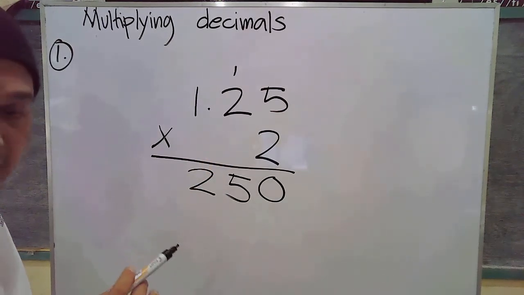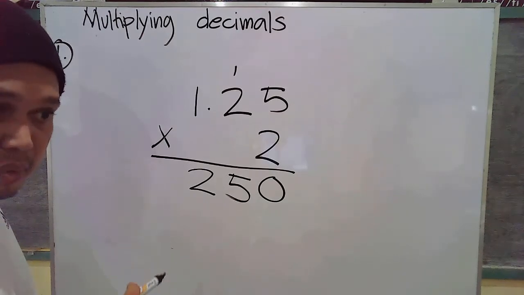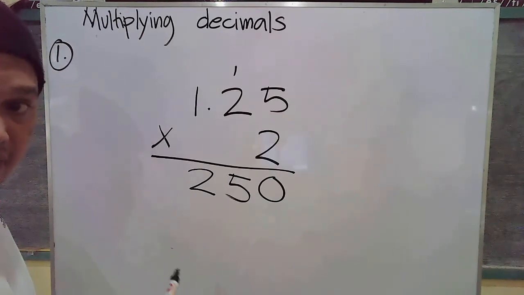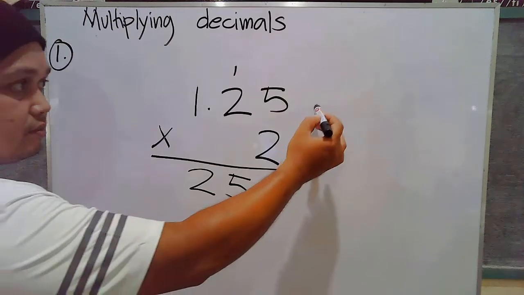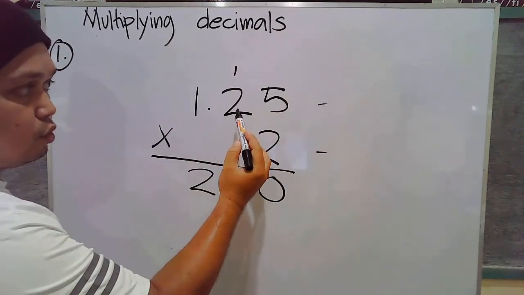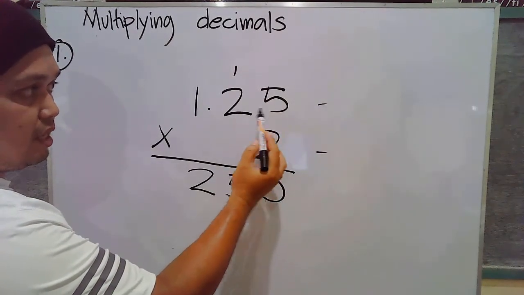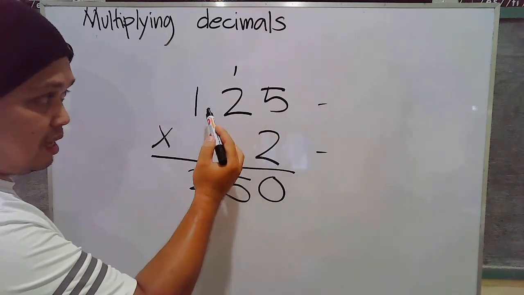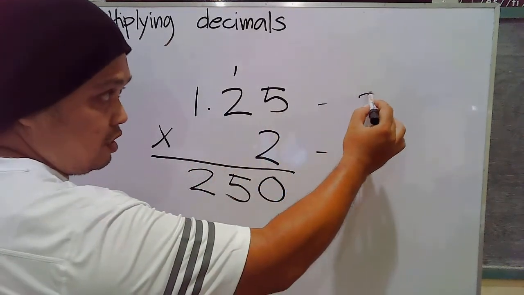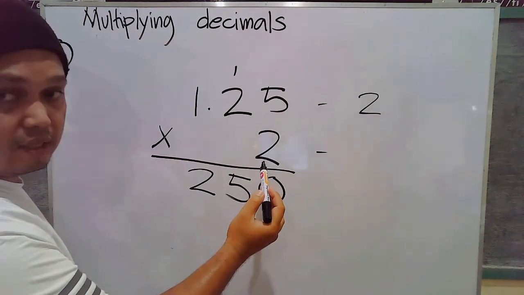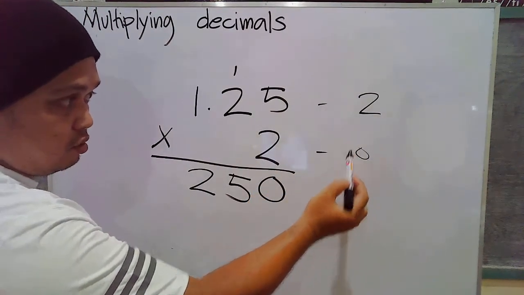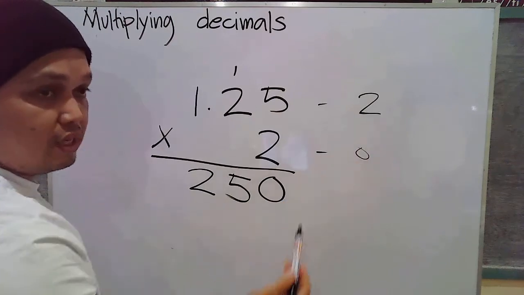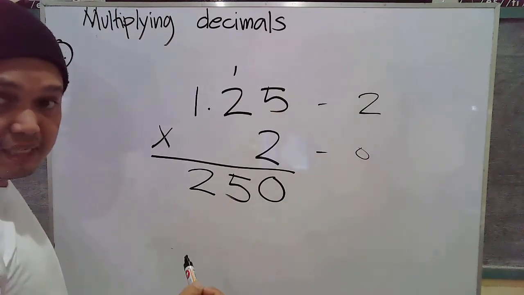Just count the decimal places in the factors. In here, we have 2 decimal places, or 2 digits after the decimal point. In here, there's none because this is a whole number, so 0. So we have 2 decimal places.